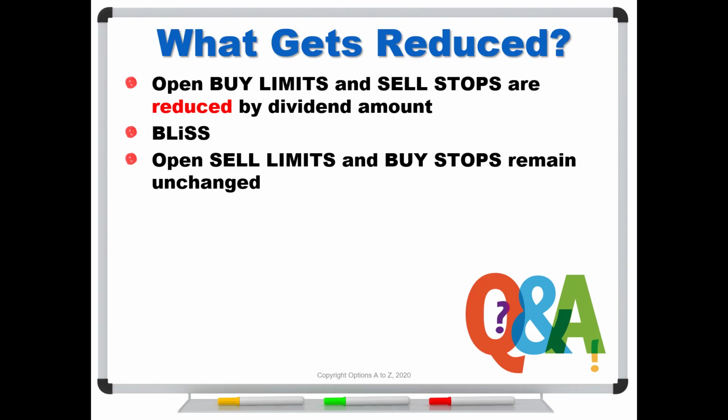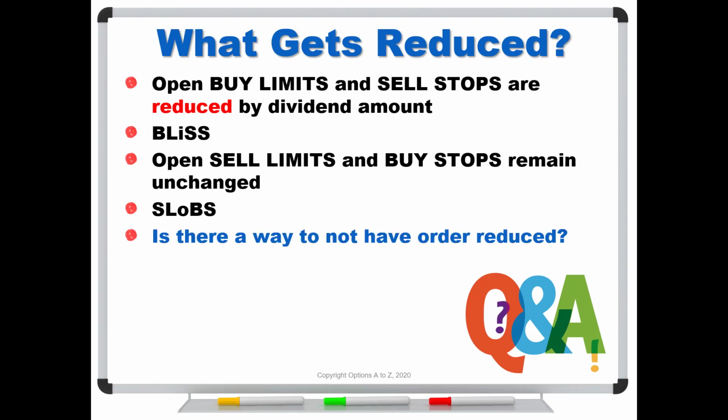And that's because they're not going to get artificially triggered by the drop in price. Because remember, the sell limits and buy stops are to the high side. So the acronym that they used here was SLOBs, sell limits and buy stops. Another funny way to remember it is that once a slob, always a slob. In other words, the sell limits and buy stops are never changed.